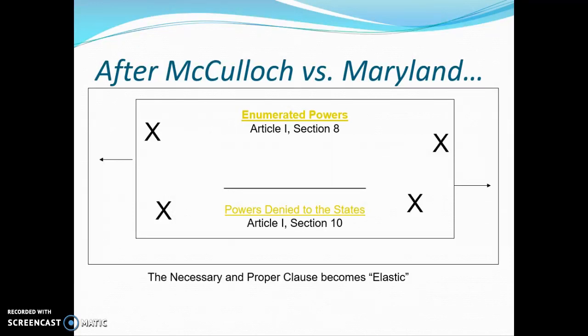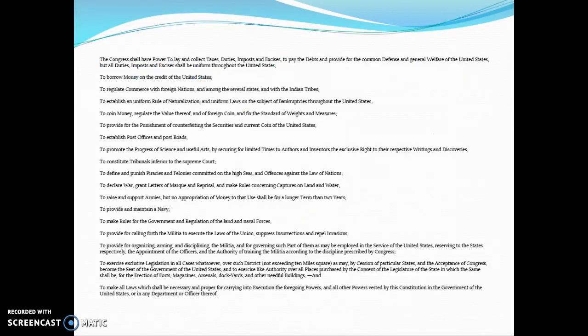So, first of all, the clue that I think is pretty obvious is that why would you bother to write down 17 things if you really meant, hey, you can have any power you want? But the Supreme Court is ruling that this necessary and proper clause extends beyond these 17 things and gives the Congress implied powers.